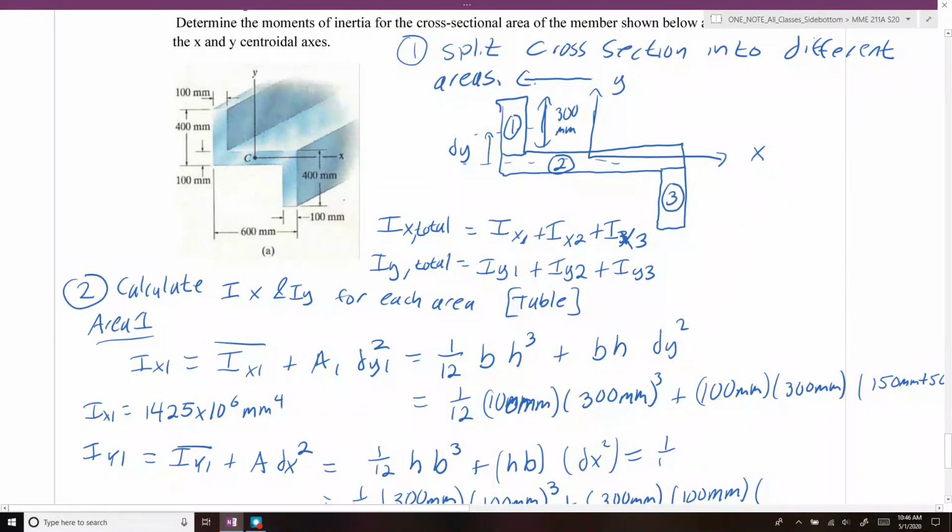So we know that would be equal to 300 millimeters minus half of the thickness, so it's going to be equal to 250 millimeters.